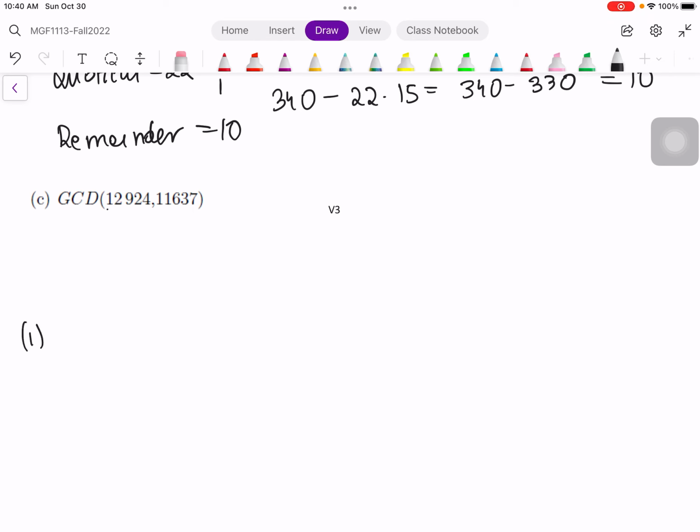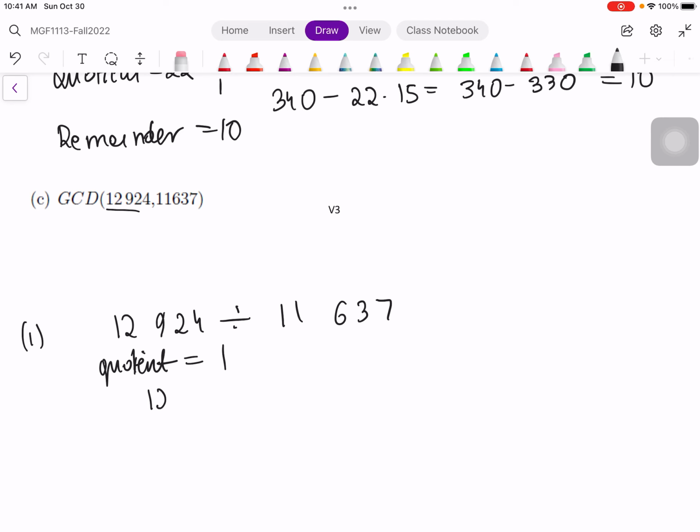So first, this is 12,924 divided by 11,637. I see the quotient will be 1, right? Because obviously 11,000 will fit only once into 12,000.